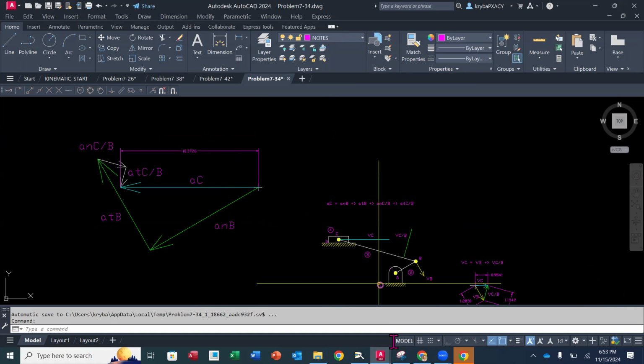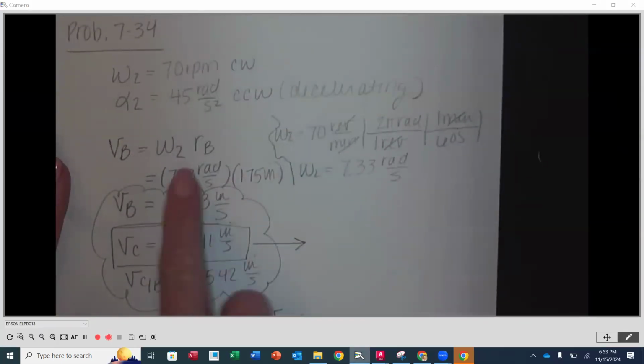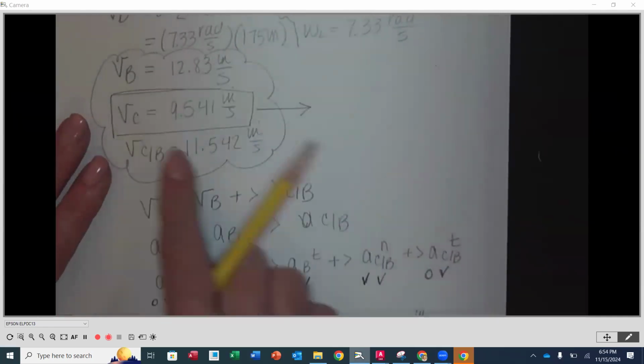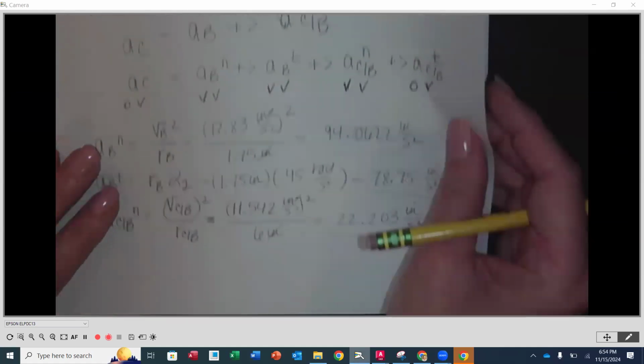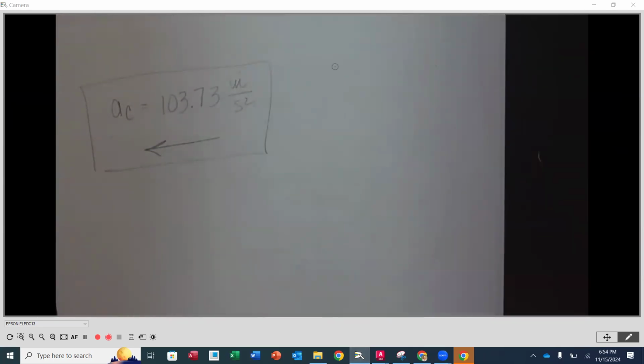Then, as far as hand calculations, anything that we had to write out, like calculating the magnitude of the velocity of B, the measured values, writing out your acceleration equation and any manual calculations. And then on the back side here, I put a box around my final answer for the acceleration of C and the direction that it was going in. So that's what you would need to hand in to get full credit for that problem.